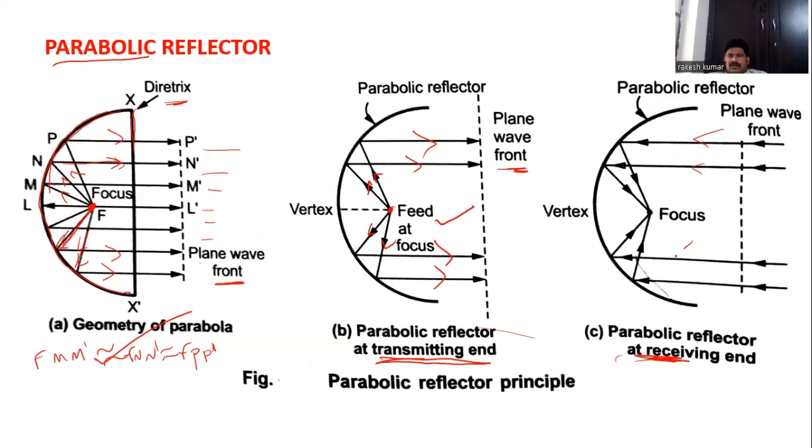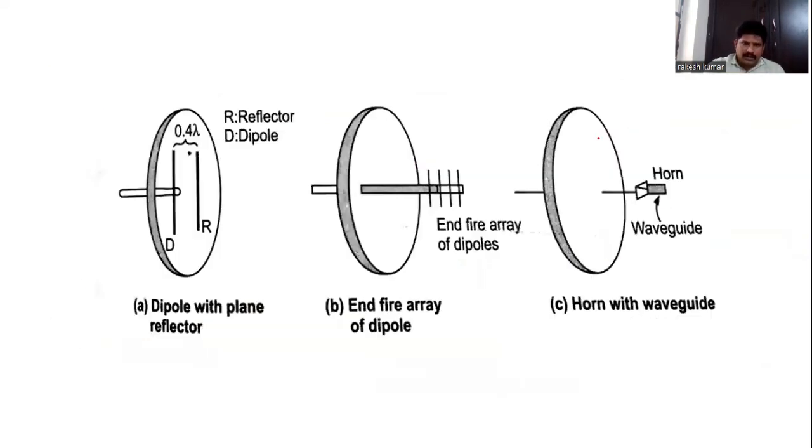Different rays come in and fall on the reflector, and the reflector sends all of them to the focus point, which is connected to your TV. This is the transmitting parabolic reflector antenna, and this is the receiving parabolic reflector antenna.